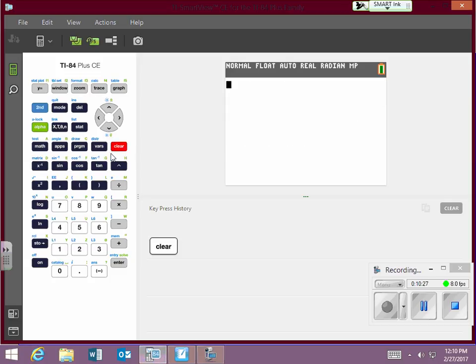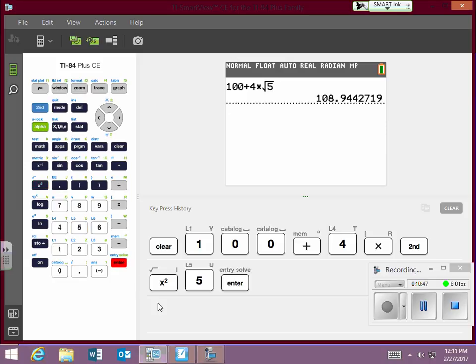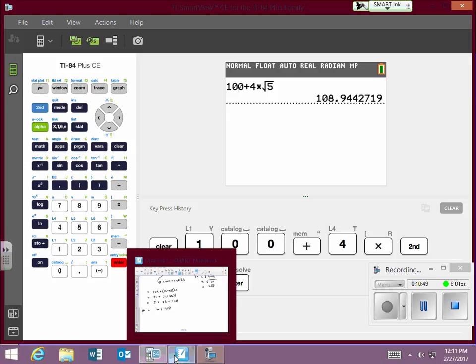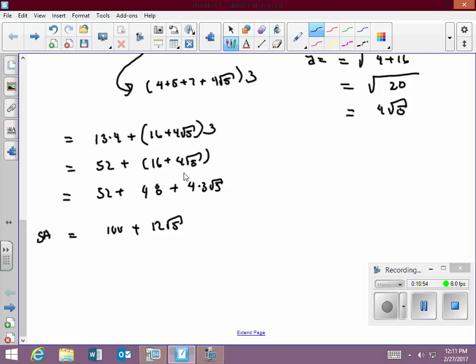Clear. Plus, that was 4 square root of 5, wasn't it? I feel like it should be 2 square root of 5. Okay, we'll look. I'm just checking, 4 square root of 5 is 8. So where would this be?